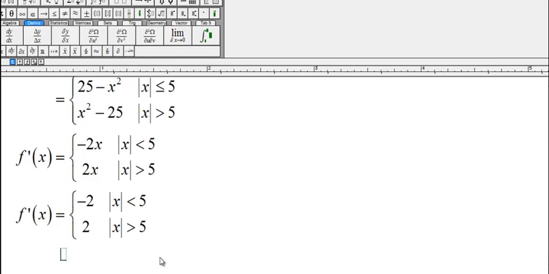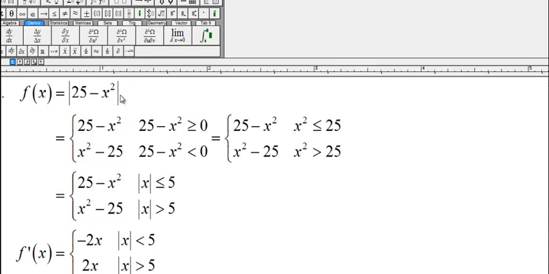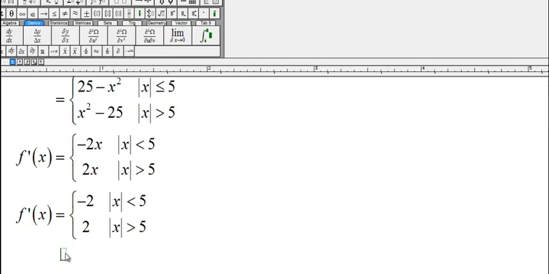It is defined, everything's defined at 1, so we can take this and find the f of 1, and that is the absolute value of 24, which is 24.